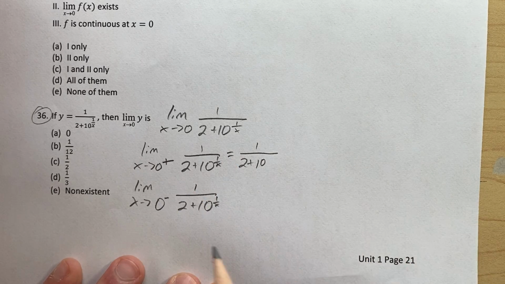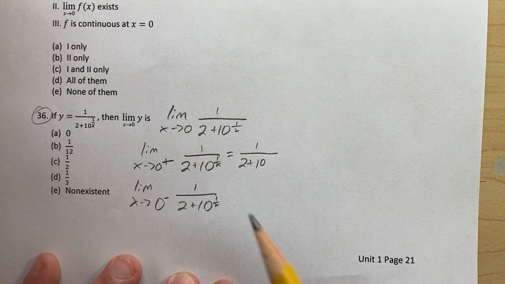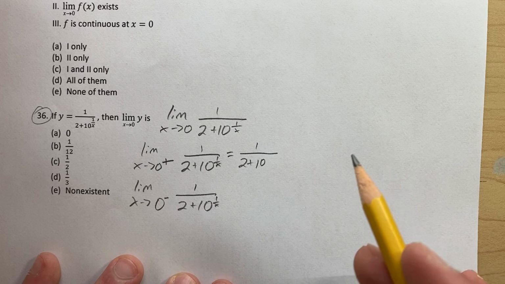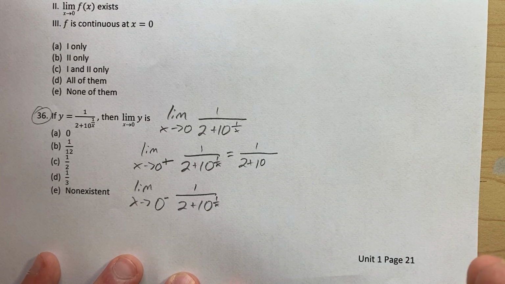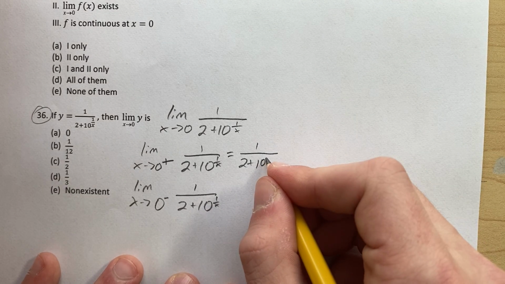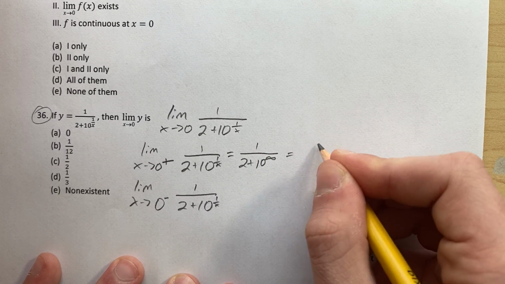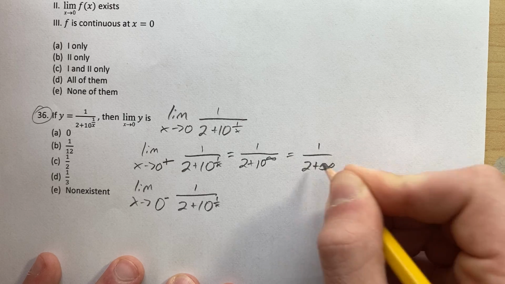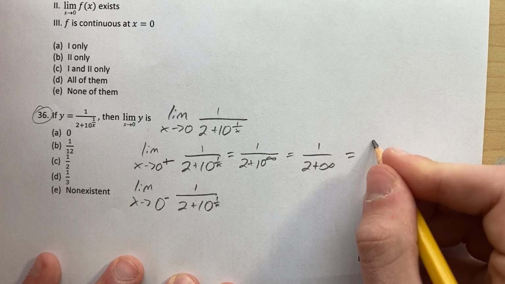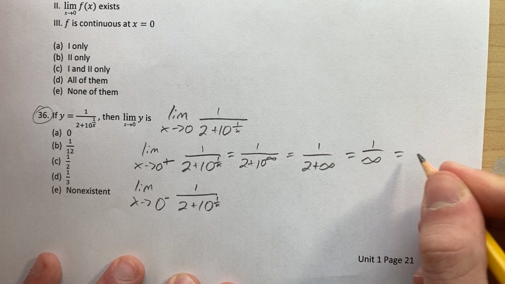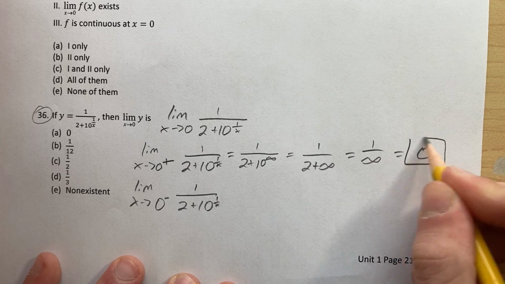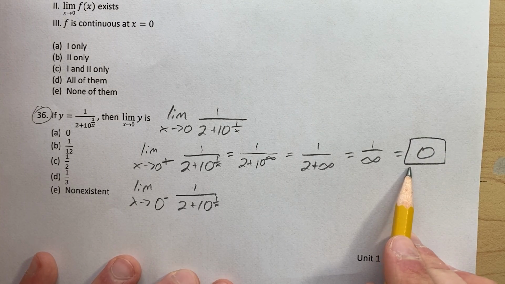If you take 1 over 0 as 0 approaches 1 over 0, since you're approaching it from the right, it's going to get infinitely high, and you'll have positive infinity. So 1 over 2 plus 10 to the infinity, which equals 1 over 2 plus infinity, which of course is going to equal 1 over infinity, and that is going to tend towards 0. So the right branch will approach 0.